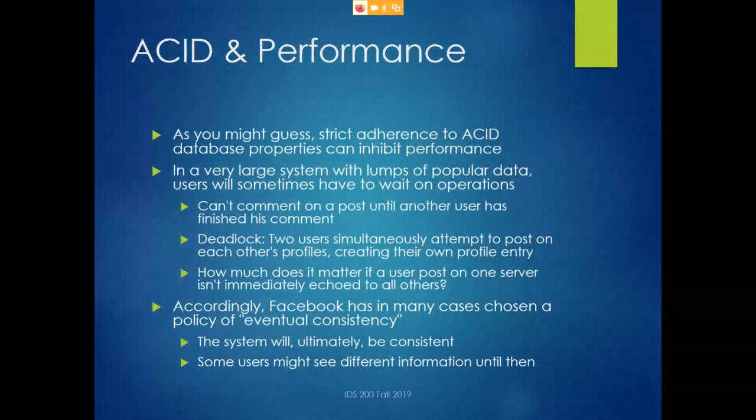Okay, the downside of this, following these ACID properties in a database at scale will really slow things down. For example, if you have a system where you have only a couple replicas of popular data and a lot of people are accessing it over and over, imagine, for example, if there's some popular post by some notable and tens of thousands of people are commenting on it.